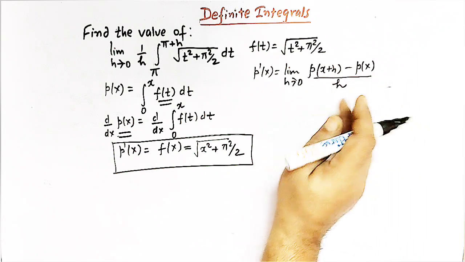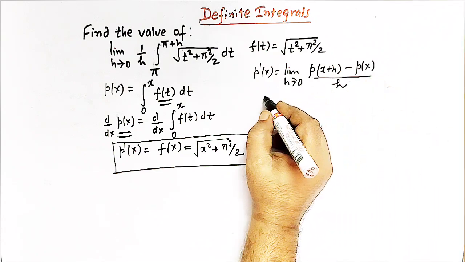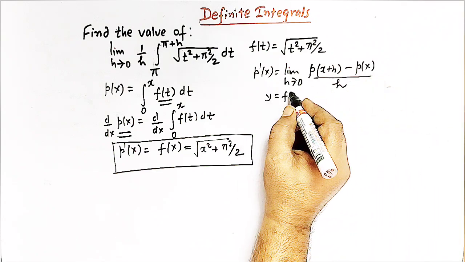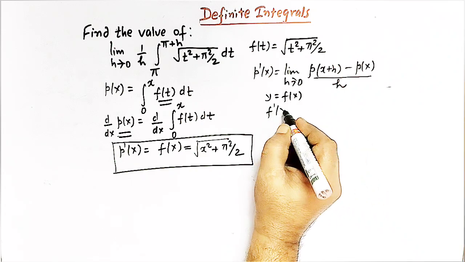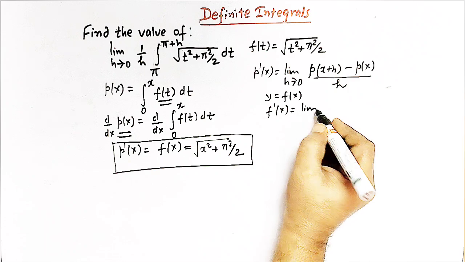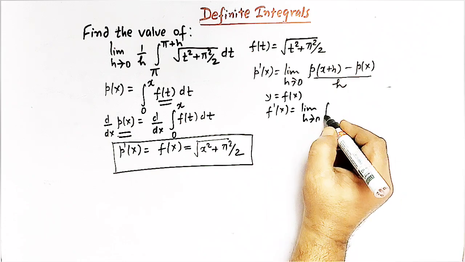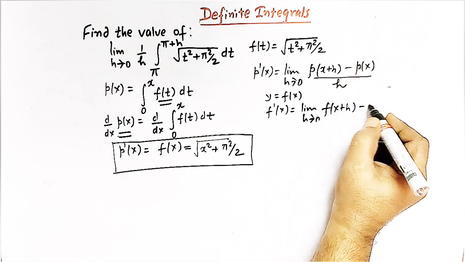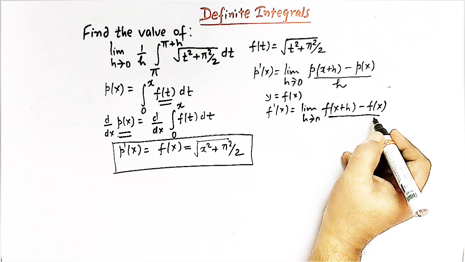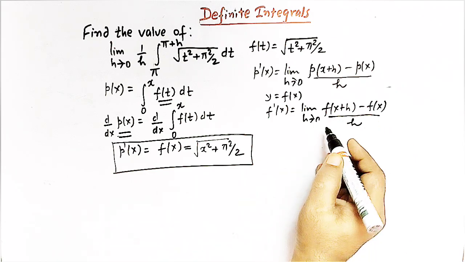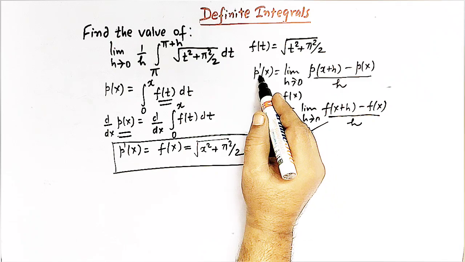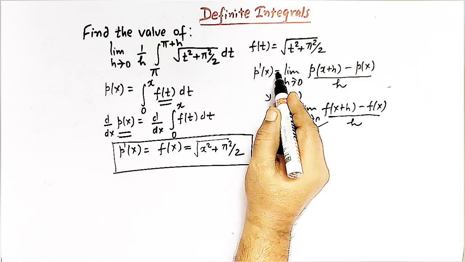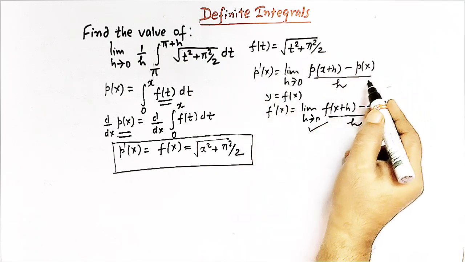This definition is used here because if we have a function, say y is equal to f of x, then f prime of x is given by the limit h tends to 0 of f of x plus h minus f of x divided by h. So due to this definition of derivative, we can now write p prime of x is equal to this limit.